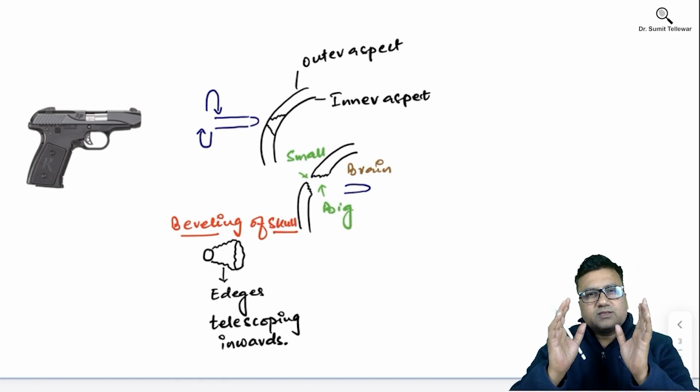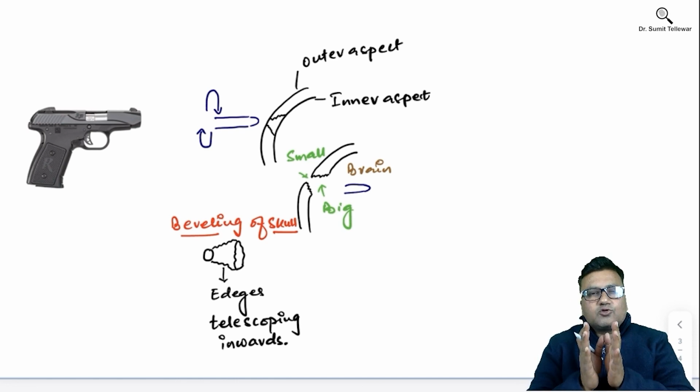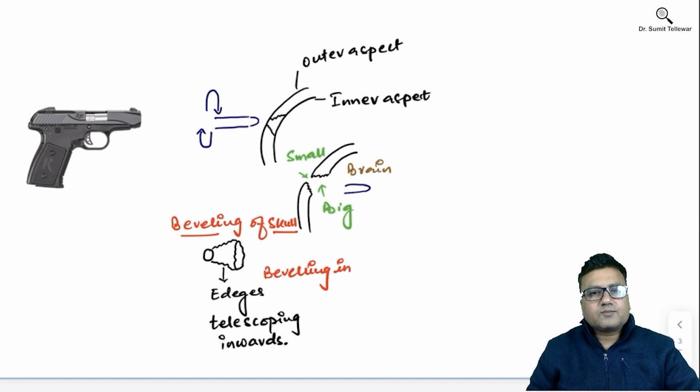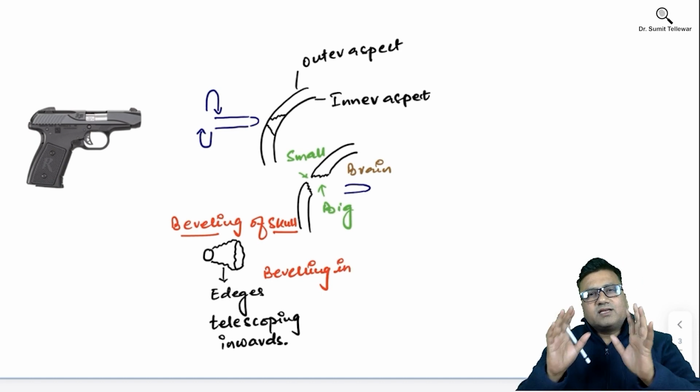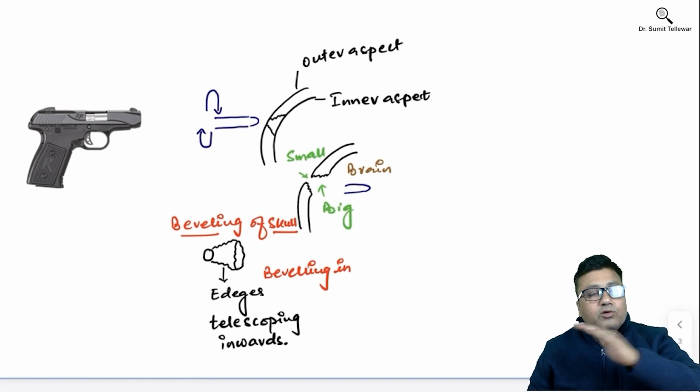So as you can see, when the bullet was moving from outside to the inside of the skull, the margins were telescoping inwards. Okay, this is called beveling in, right? Now let's consider what will happen if the bullet will be moving out of the skull.